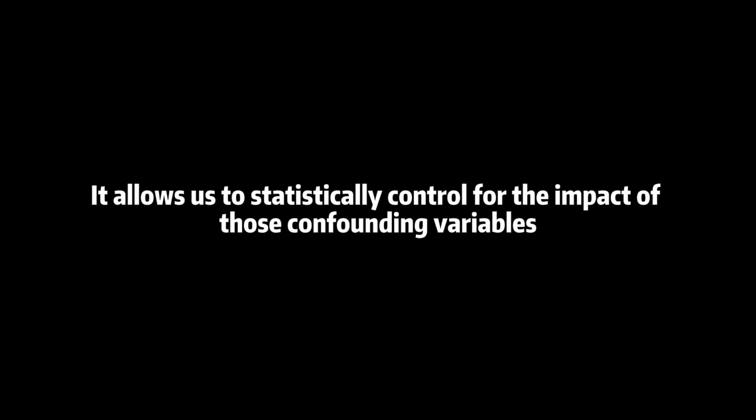Regression analysis, which we mentioned earlier, is a powerful tool for that. It allows us to statistically control for the impact of those confounding variables so we can get a clearer picture of the relationship we're really interested in. Okay, so it's like trying to filter out the noise to get a clearer signal. Precisely. And it's not always perfect, but these techniques can get us much closer to the truth.